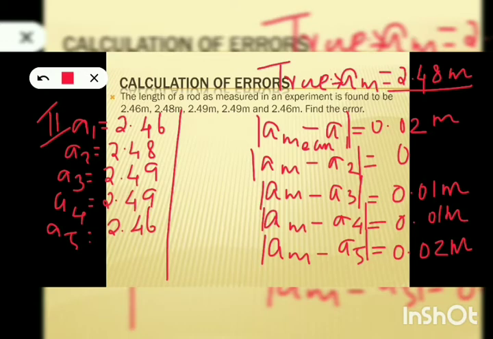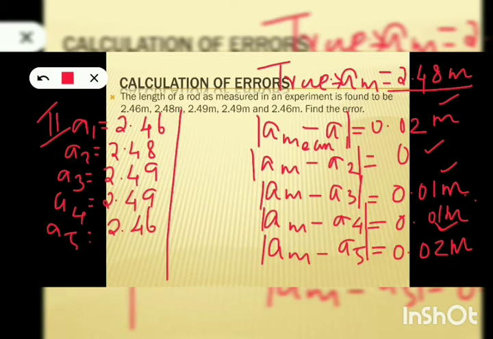And to be more specific, we can consider this error as absolute error, because we consider only the absolute value without considering the sign. So these values 0.02 meter, 0.01 meter, 0.01 meter, 0.02 meter are all the differences between the mean value and the observed value. So these are the errors, and these errors are known as absolute error.